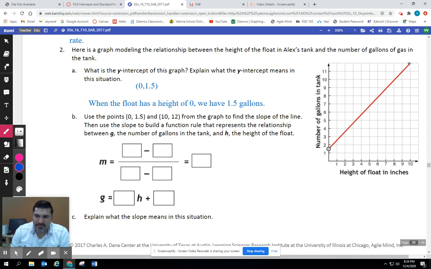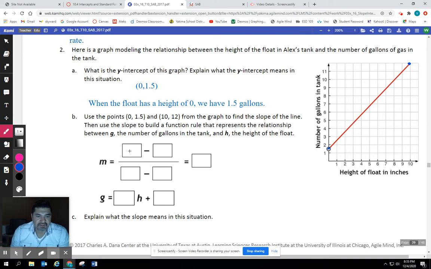They want us to use this point and this one. Then it says use the slope to build a function rule that represents the relationship between G, the number of gallons in the tank, and H, the height of the float. So remember, M means slope. Don't know why, but just remember that M is the slope.